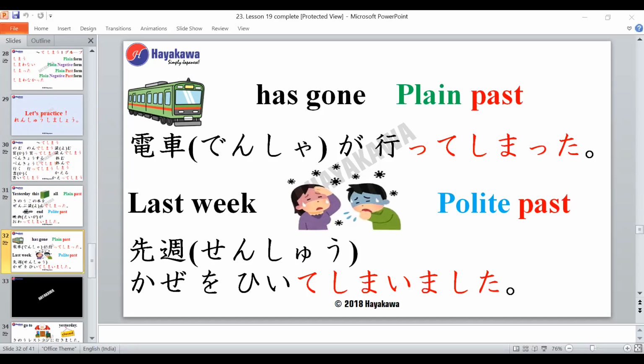Now, if you want to say last week you caught a cold in the polite past form. So last week is senshu, right? To catch a cold is kaze o hiku. So how do we say that in a polite past form in Japanese?